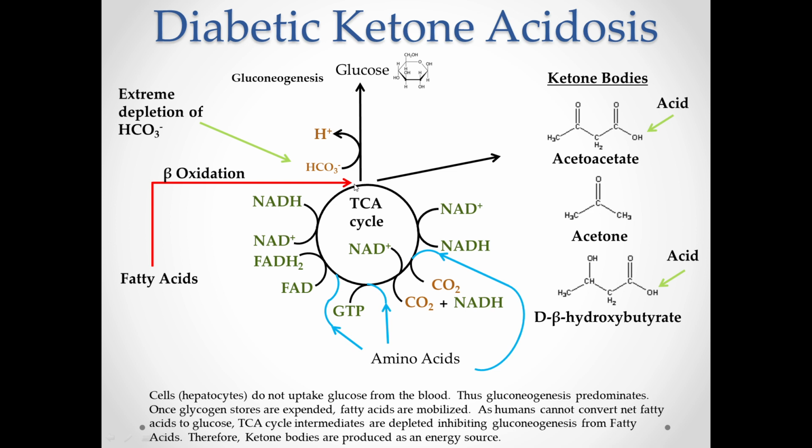Now, initially, as the starvation process initiates, as long as there is this citric acid cycle intermediate, that final citric acid cycle intermediate can combine with acetyl-CoA and a bicarb to create glucose.